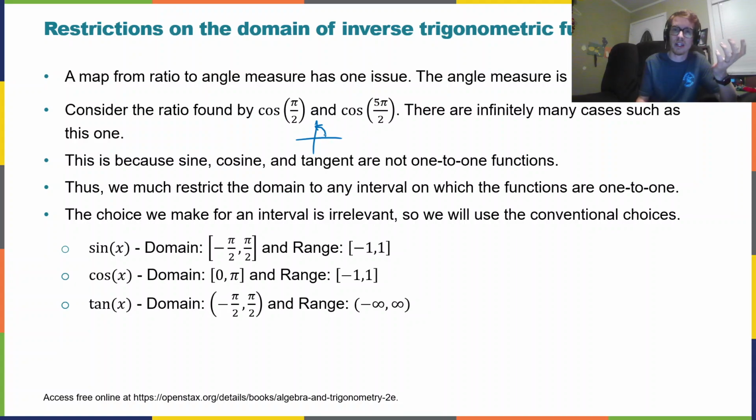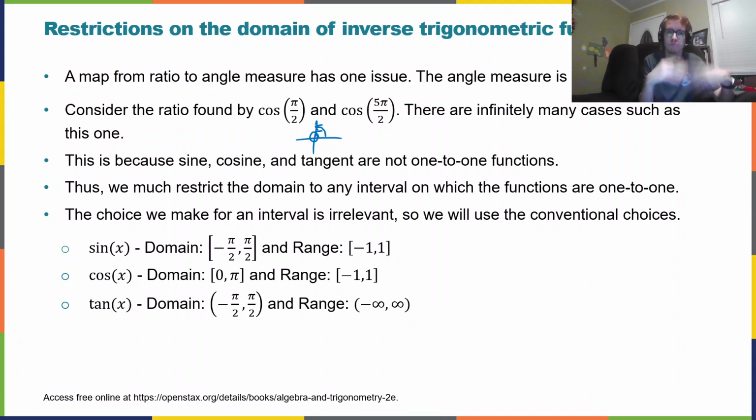And 5 pi over 2 is one, two, three, four, right here, so that is 2.5 pi. It's coterminal with pi over 2. There are infinitely many other angles we can choose. So when we're trying to produce an angle from a ratio, how do I know it's pi over 2 versus 5 pi over 2? I really don't.